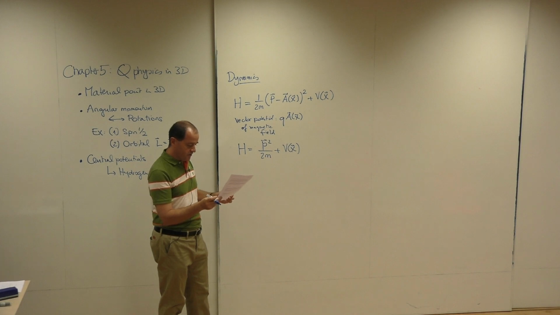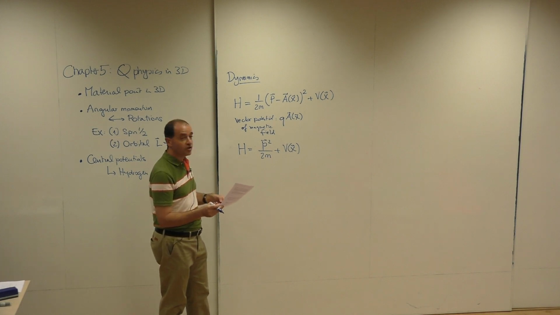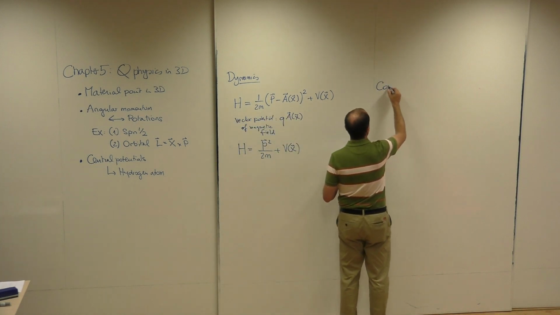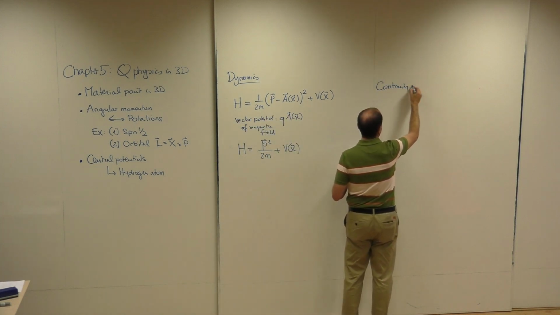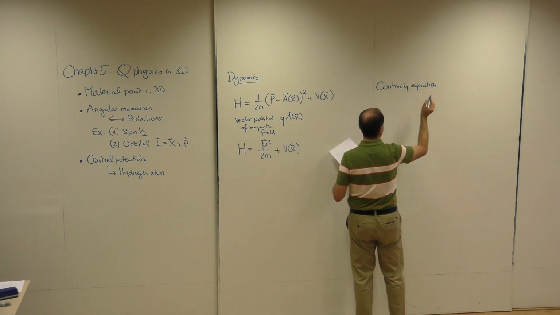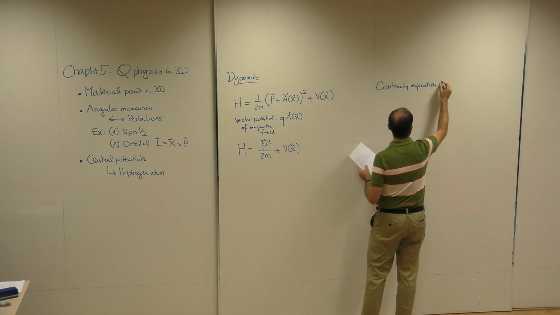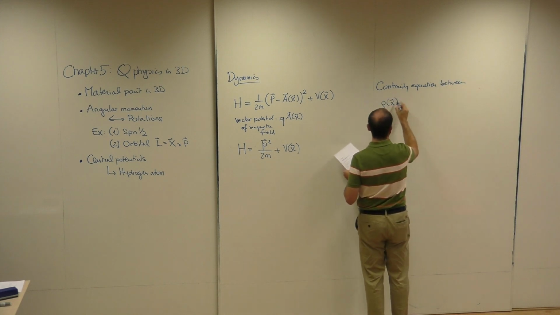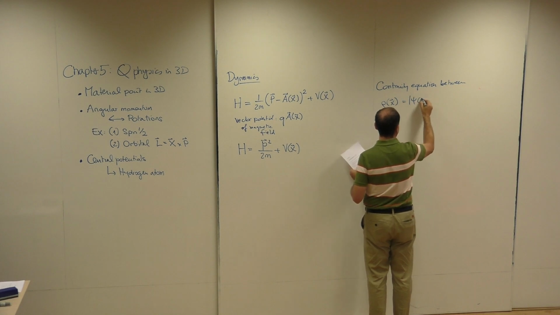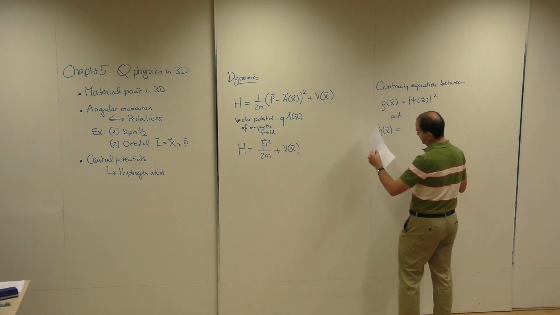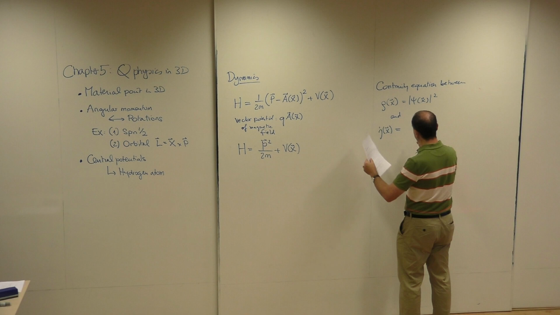From this Hamiltonian, it follows that there is, of course, a continuity equation with a current. There's a continuity equation between rho of x, that is psi of x squared, and a current j of x, that is again the same thing as the other one with gradients instead of derivatives.